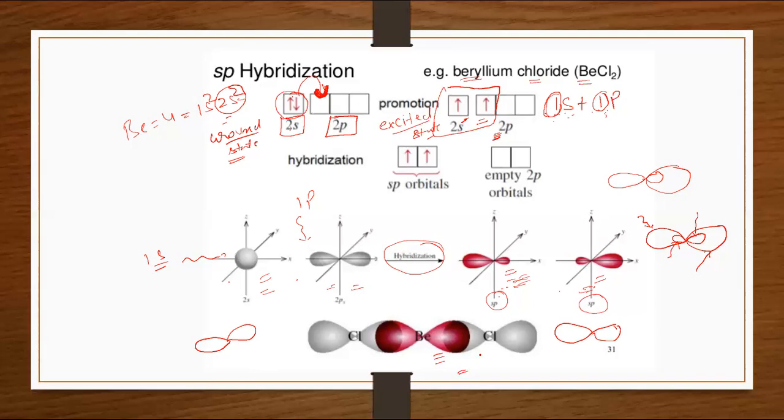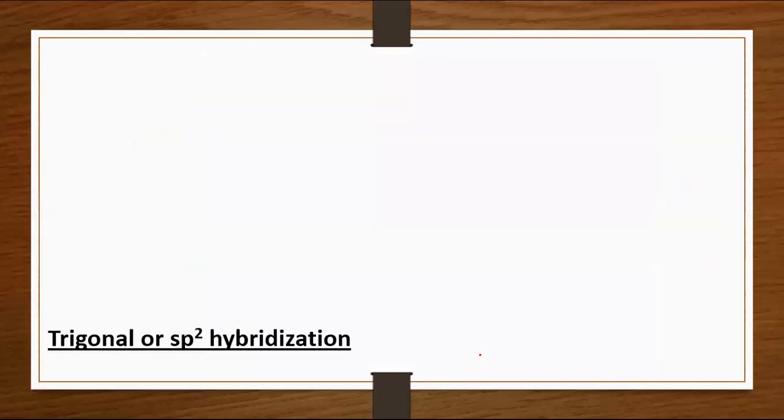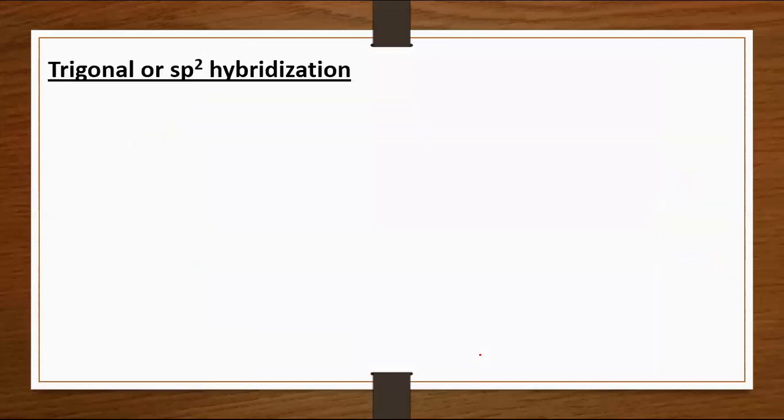Now we'll move to the next type, that is trigonal or sp2 hybridization.